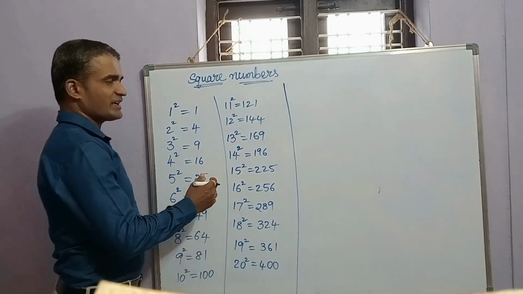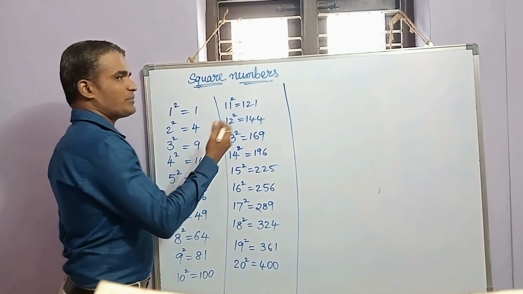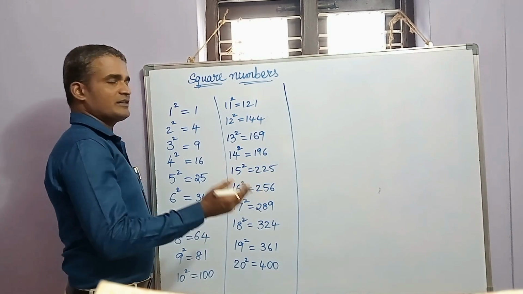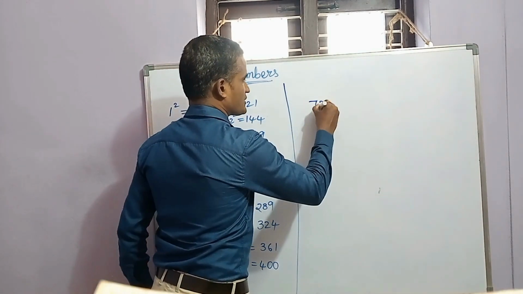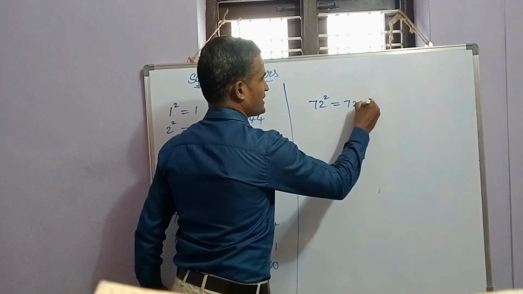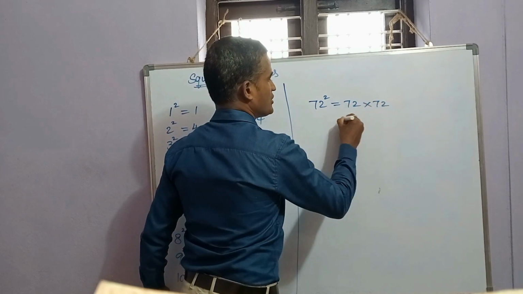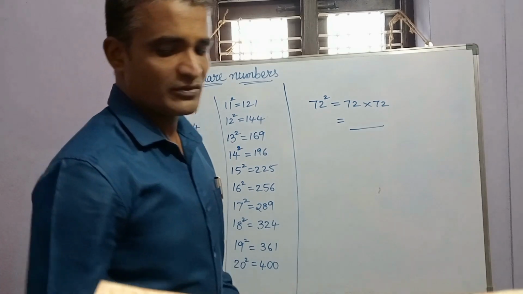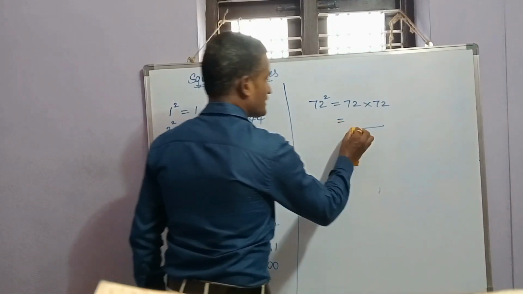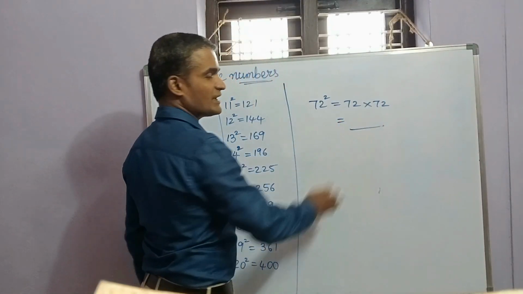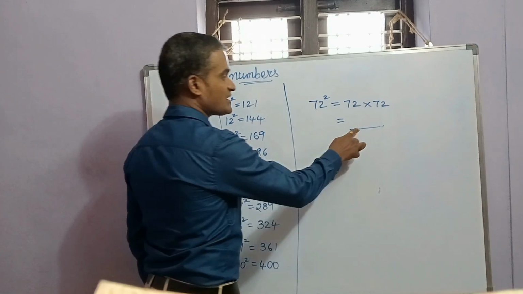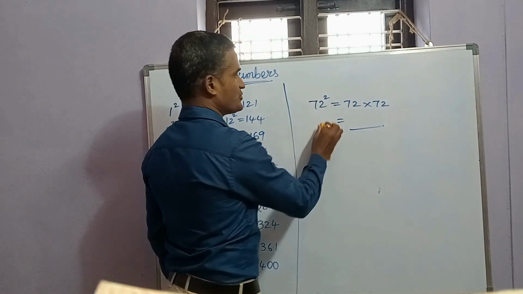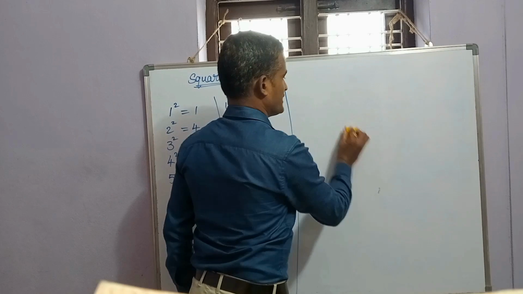Just multiply the number by itself. If you want 72 square, you multiply 72 into 72, and you get the answer. The answer you get is called a perfect square number.